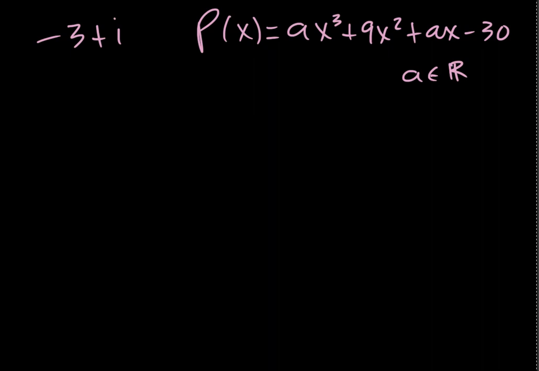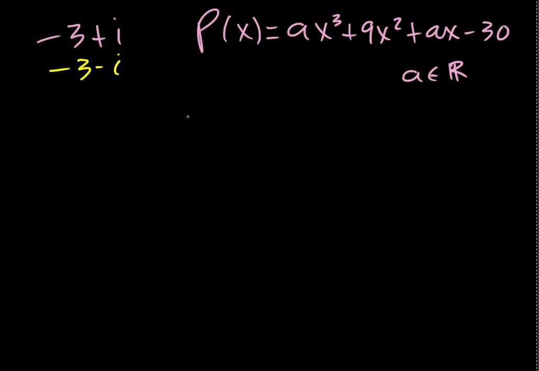Okay, cool. So what we need to recognize is that complex zeros show up in conjugate pairs if the coefficients are real, which we know that they are. So what we need to do is the sum and product.